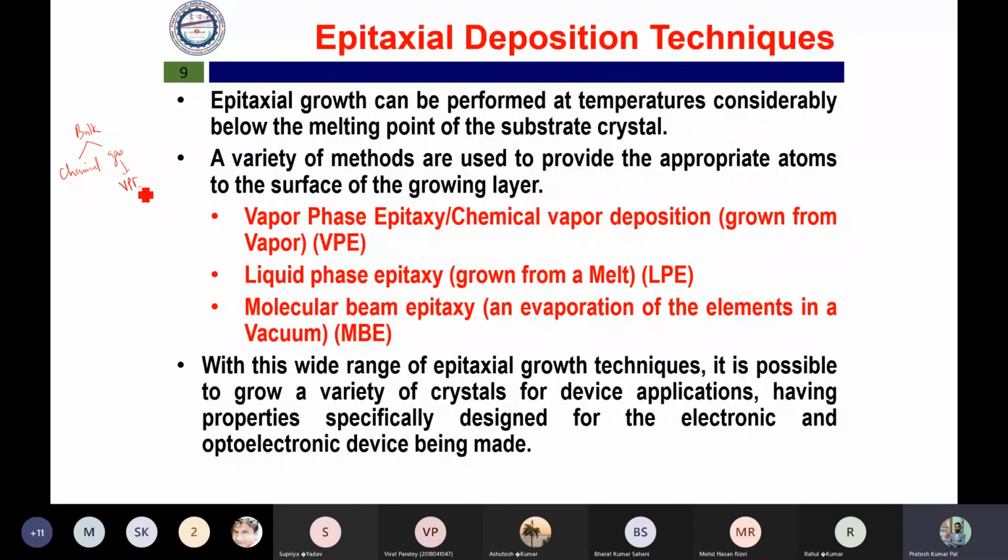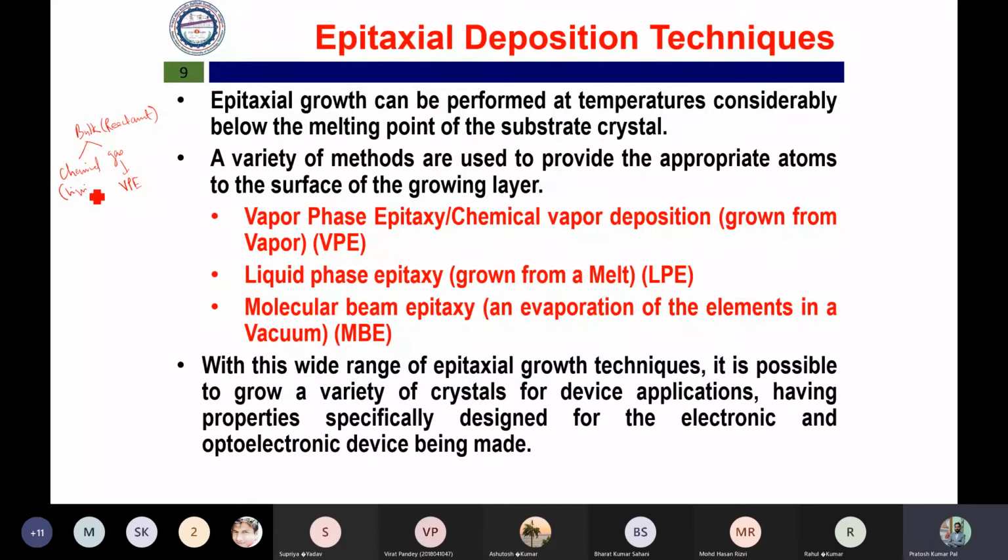So if the reactant that we are providing is in the form of gas, that type of epitaxial process is called vapor phase epitaxy.